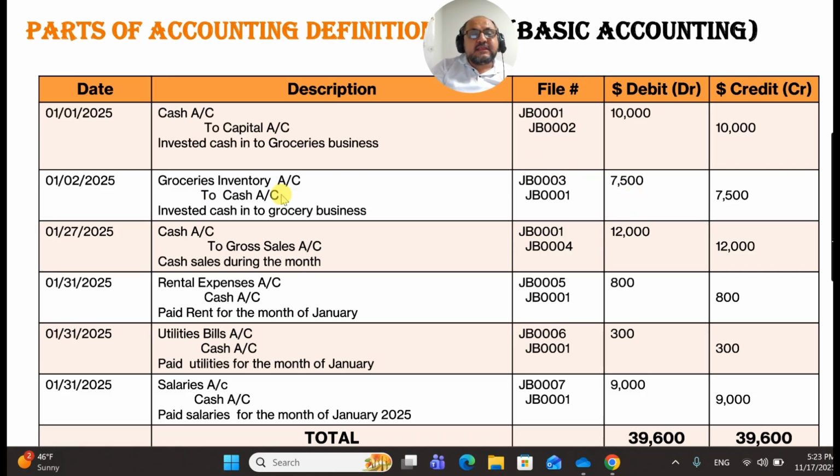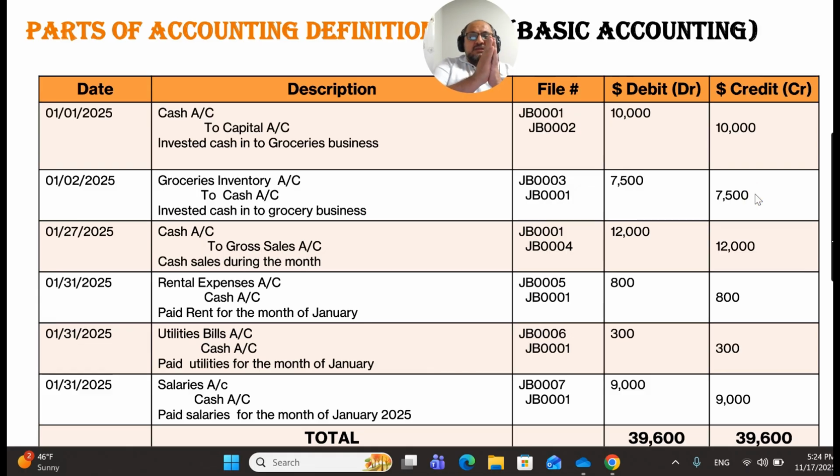But this is also an asset. Our cash decreased from 10,000, we decreased 7,500, and the remaining amount with us was 2,500. That's why decrease in cash is recorded as credit.